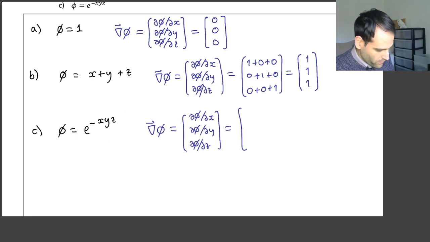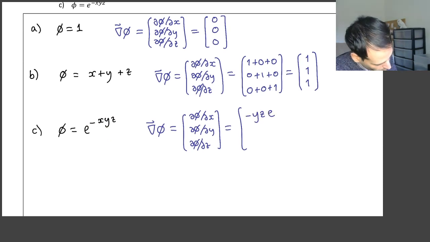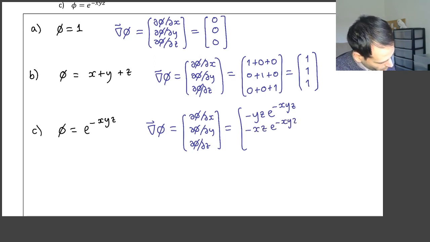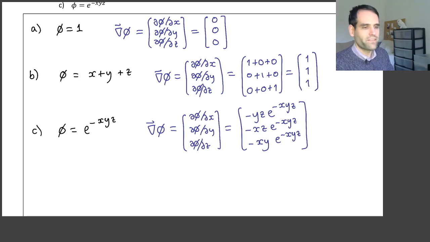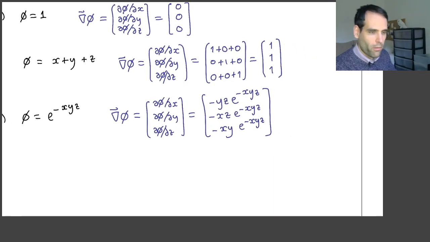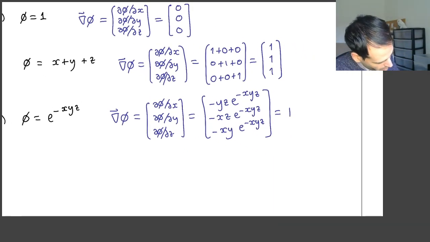It will be the derivative of the exponent with respect to x, which is minus yz, times the exponential again. Then the next will be the derivative of the exponent with respect to y, which is minus xz times the exponential. And finally, we will get minus xy times the exponential. Okay, remember your partial derivatives. So this is clearly a more complex function. So now this is really a vector field which depends on position.